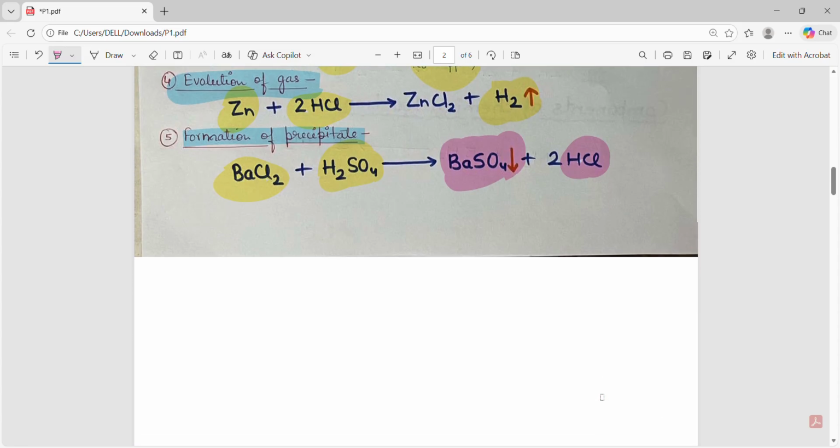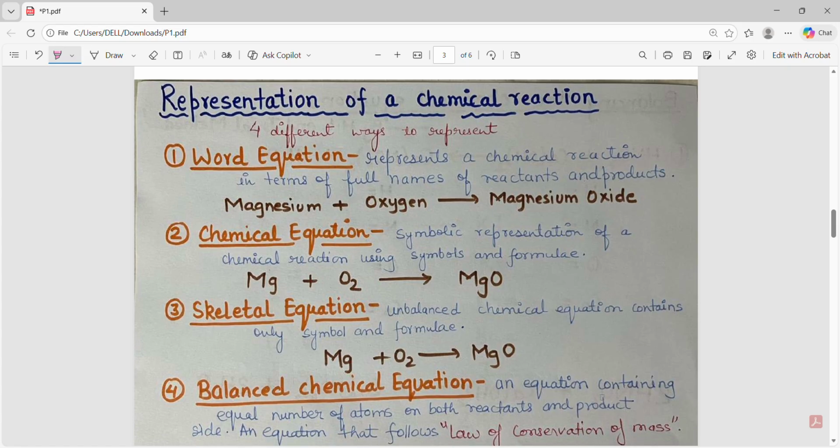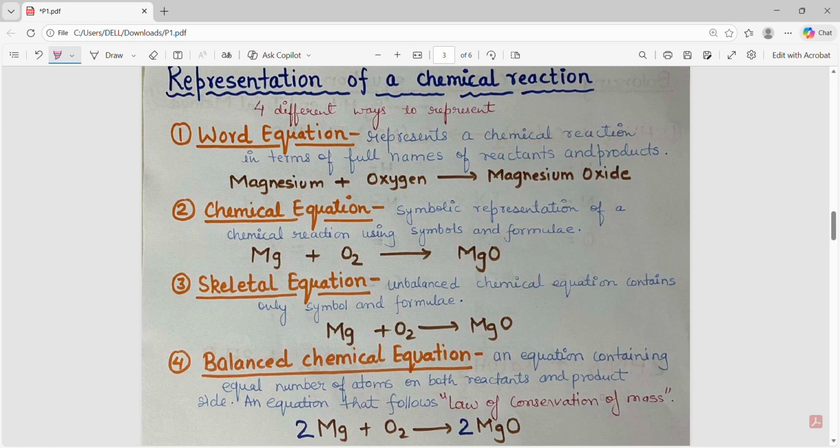Okay, now moving towards our next topic, that is the representation of a chemical reaction. If we are going to represent a reaction, then there are four ways to present it. Okay, the first one is writing the word equation. Suppose we are using chemical words like carbon reacts with oxygen, so it is going to be a word equation.